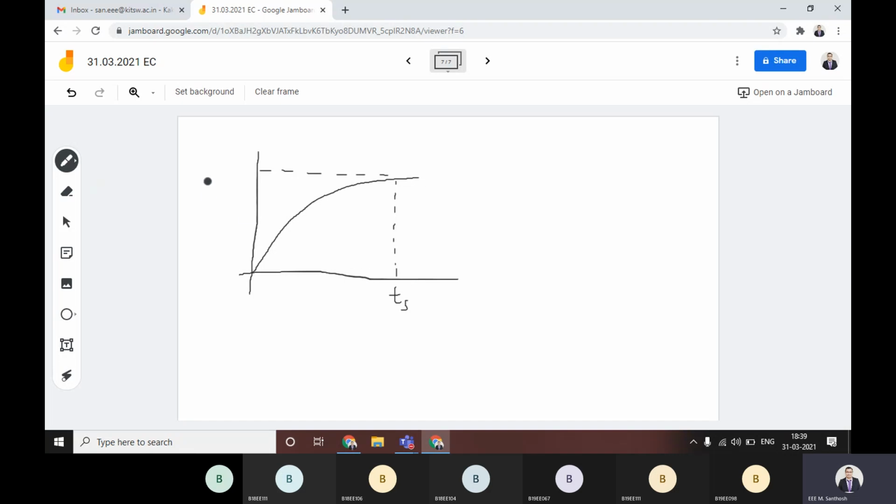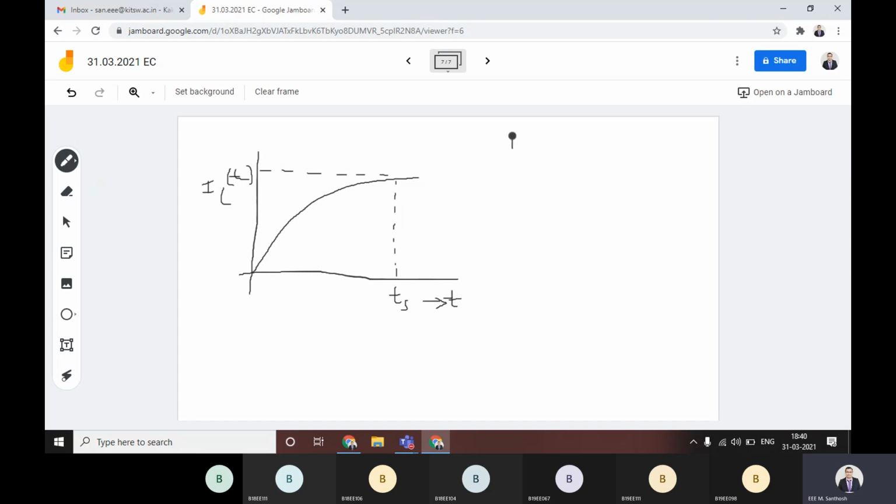Okay, this is IL of t, as time is varying this way. This IL of t, whatever we are getting, we are actually calculating at t equal to settling time.